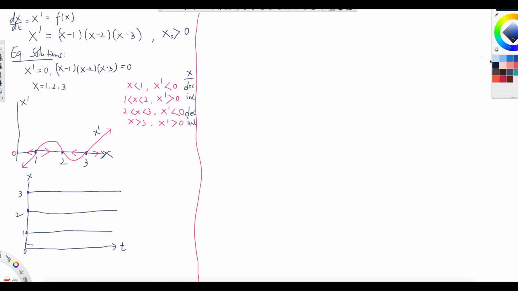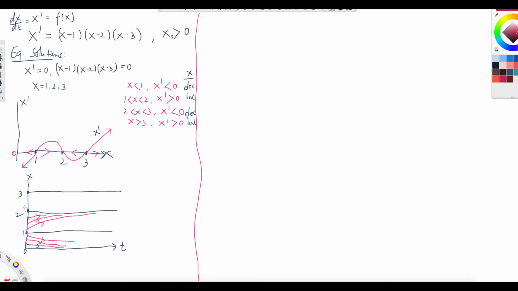Look at this. Let me use a different color there. This will decrease like this. Anything that starts here between 0 and 1 will decrease. Anything that starts between 1 and 2 will increase, meaning if you start here, the solution will increase like that.